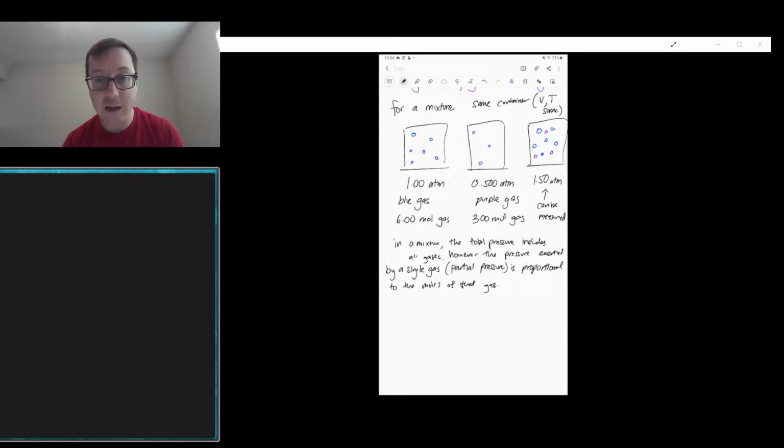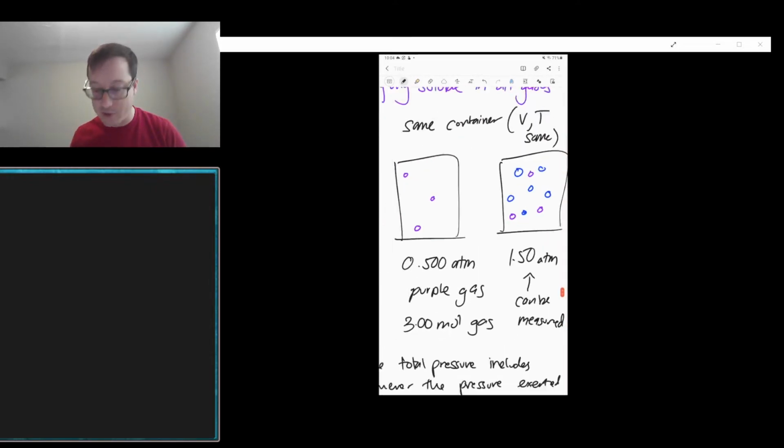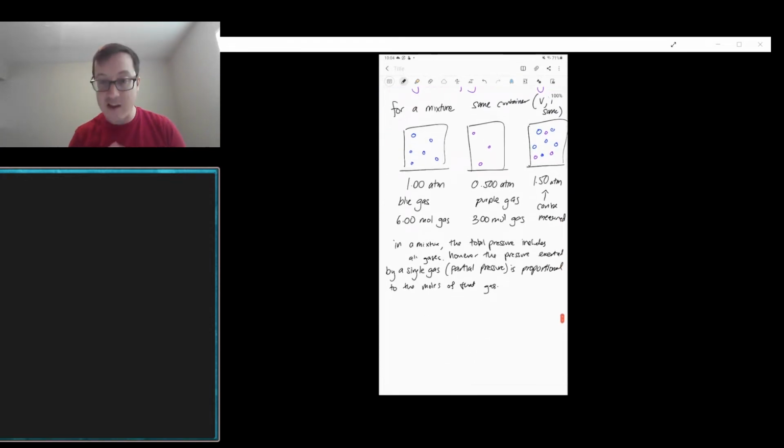All of those gases are hitting me right now. Or in the case here, we have our mixture with our purple and blue dots. Those are the gas molecules in there. Because the purple part is 1/3 of the mixture, right? We have 9 total moles in our third container. And if 3 moles of that are purple and our total pressure is 1.5, 1/3 of our gas is purple.